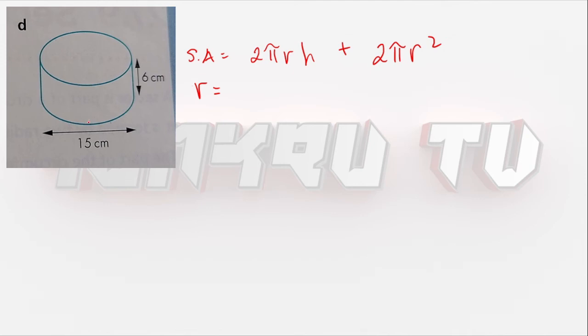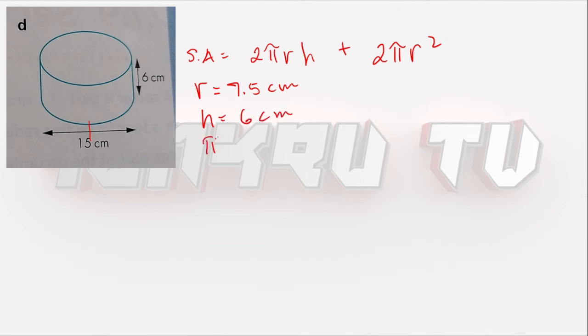So kailangan kunin lang natin yung kalahati ng diameter. So ang kalahati ng diameter is 7.5 or kalahati ng 15 is 7.5 centimeter. Okay? And then ang height is 6 centimeter.